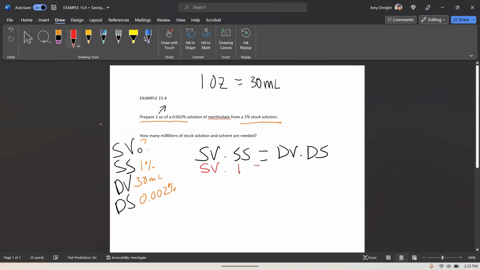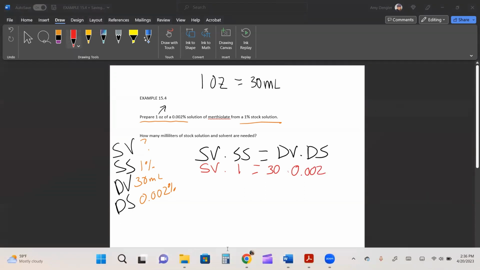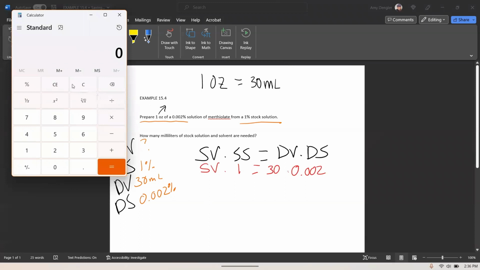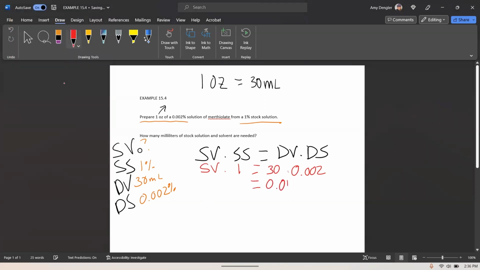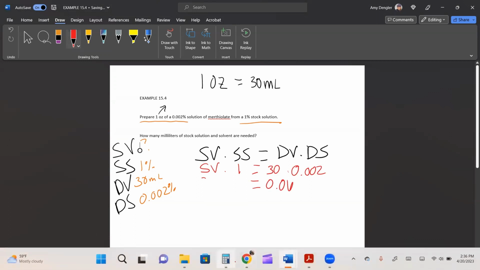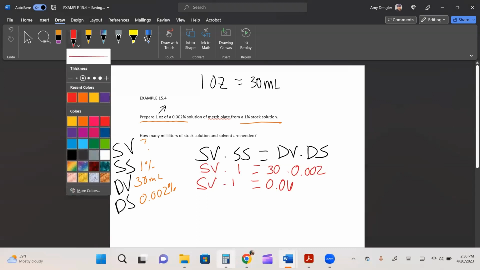SV times 1 equals 30 times 0.002, which is going to give us 0.06. We'll go ahead and write everything else out again.